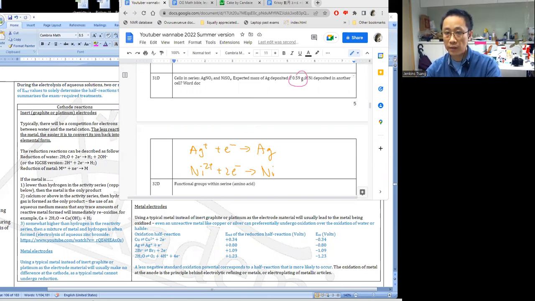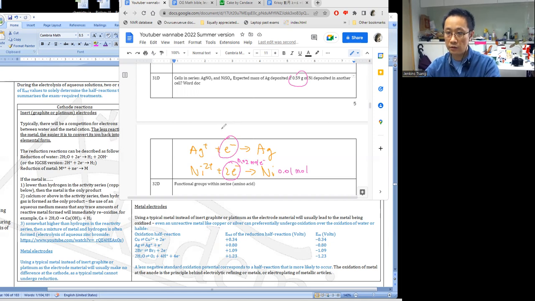So 0.959 gram happens to correspond to 0.01 mole, because nickel has an atomic mass of 59. And the electrons should be treated like a reactant quantity in electrolysis. So to form 0.01 mole of nickel, you need 0.02 moles of electrons.